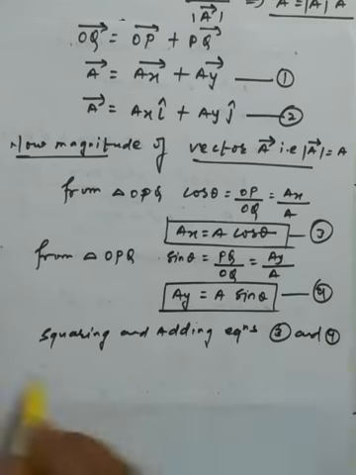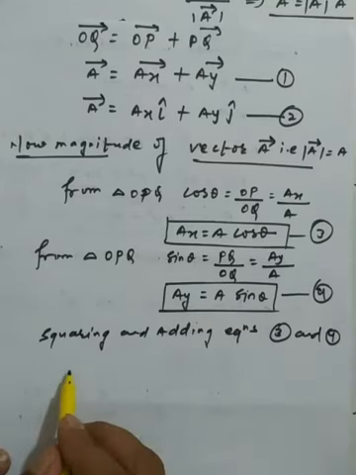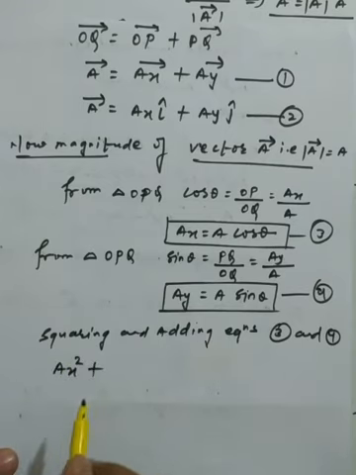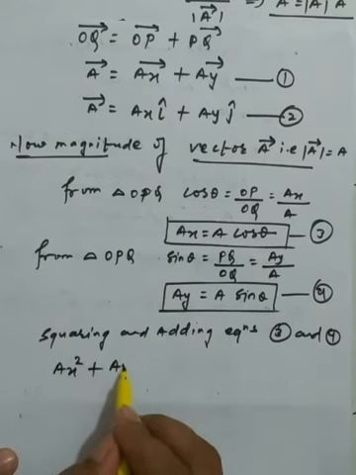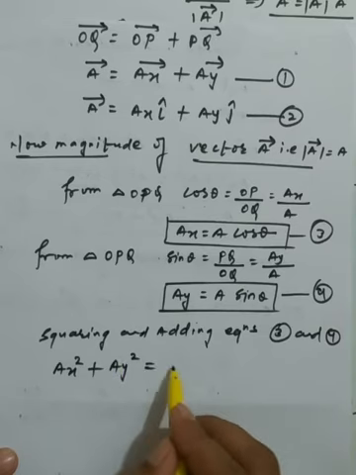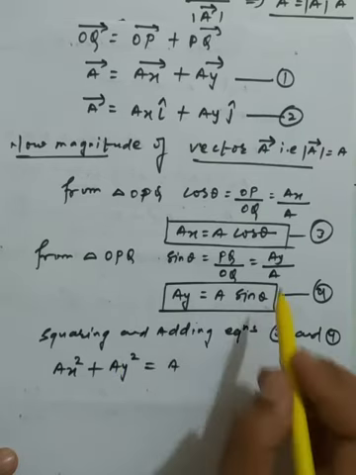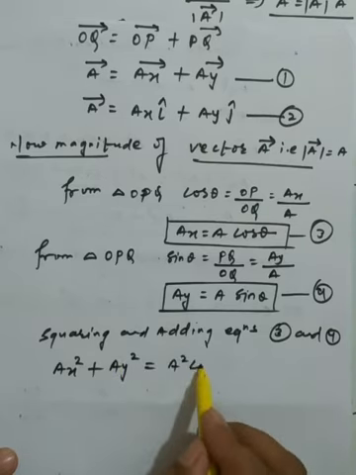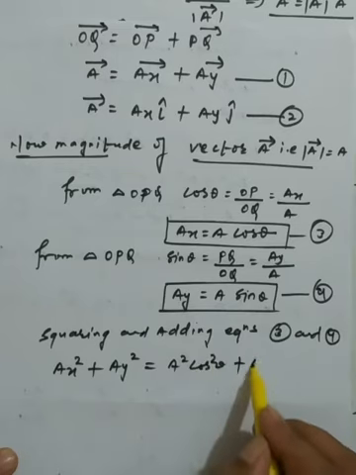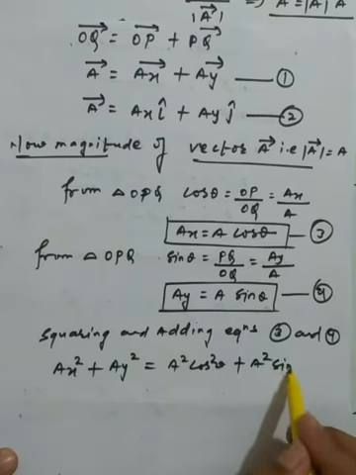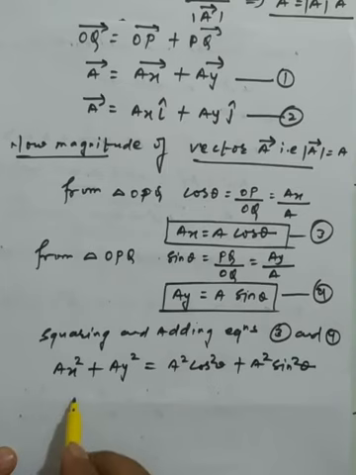AX square is the square of equation number 3, and similarly equation number 4 gives AY square. Now I am squaring the right hand side: A square cos square theta plus A square sine square theta. So it's a mathematical method we have.